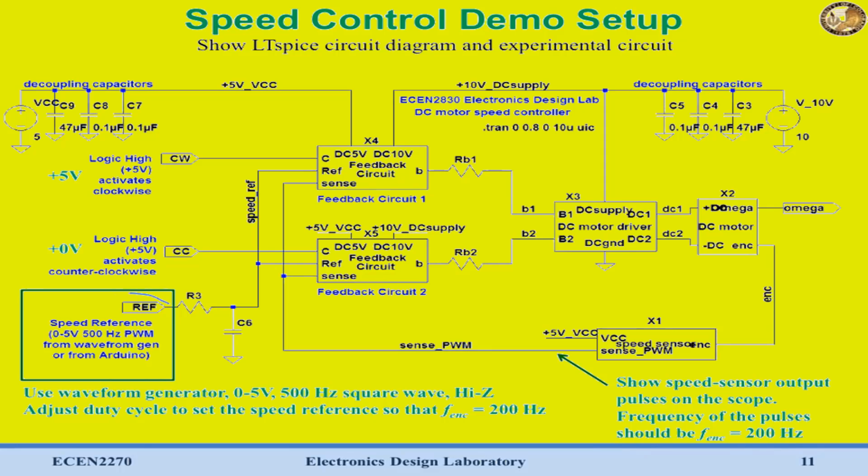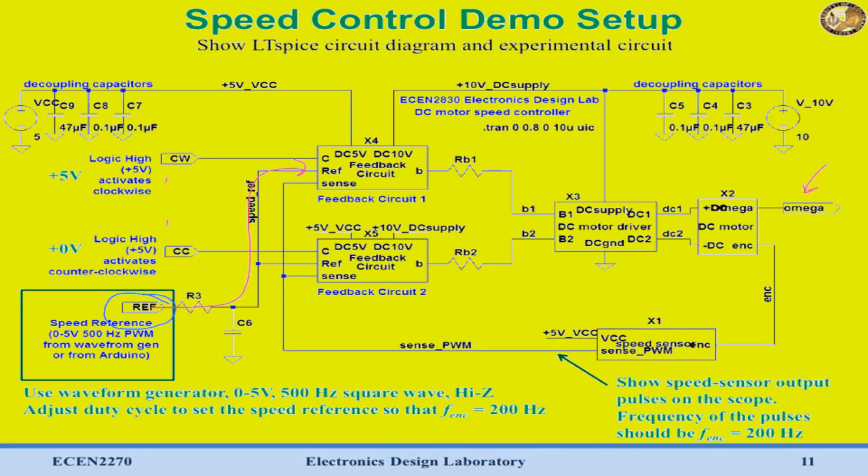You should be able to give it a speed reference, and that should go into whichever feedback circuit is enabled. Remember, only one of these is enabled at a time. And you should arrive at the desired speed that you wanted as fast as possible, but without any ringing on the system. That's what solving for a critically damped system with zeta equals 1 will do for you.